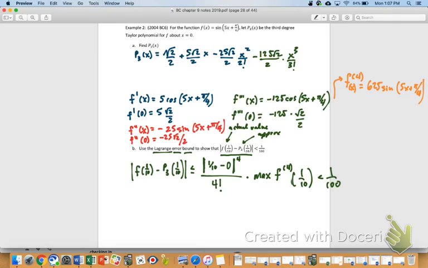I think conceptually you have a good idea. I think you're going to run into trouble mechanically, because for the fourth derivative at 1/10, we're going to have to plug a 1/10 in there. So we're going to have to say, all right, sine of 5/10 plus pi over 4. Without a calculator, it's like root 2 over 2-ish, right?